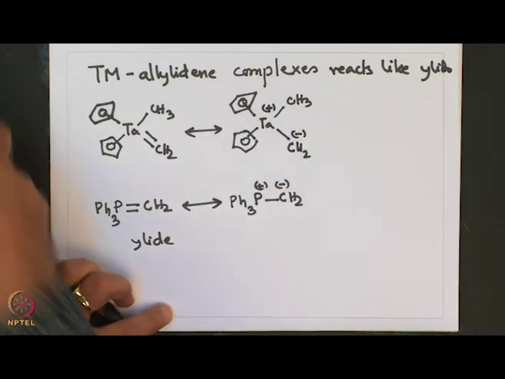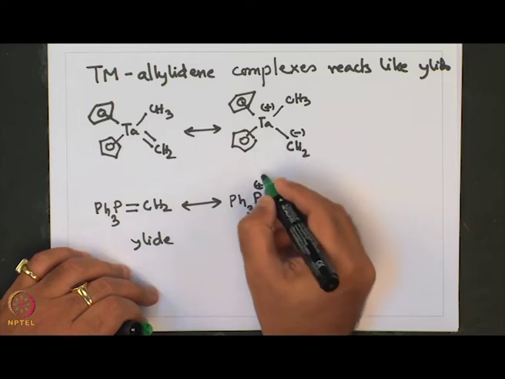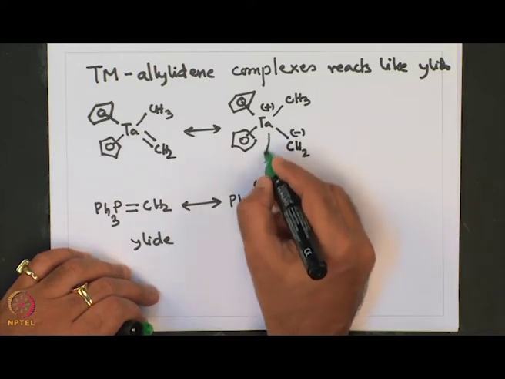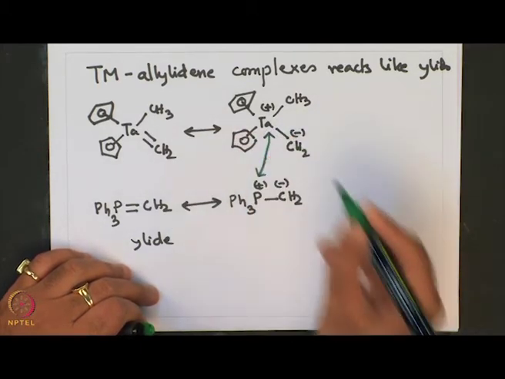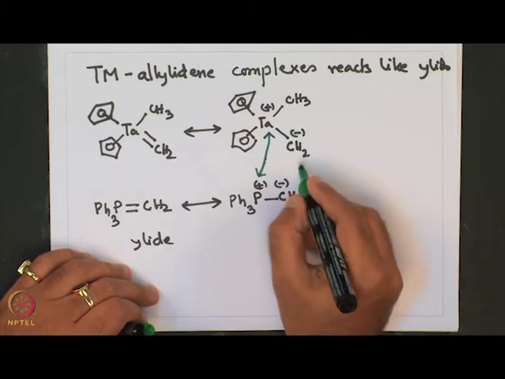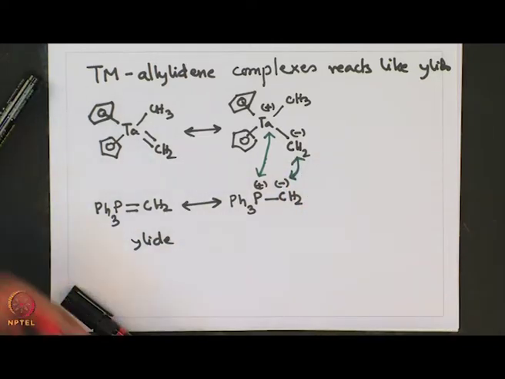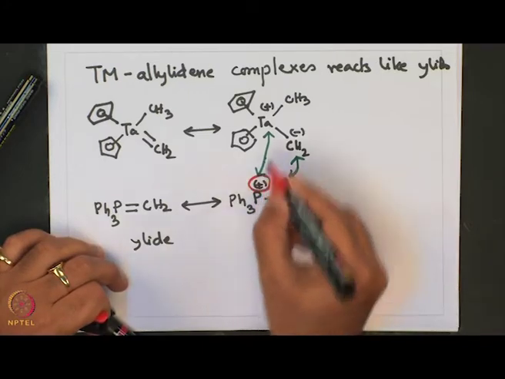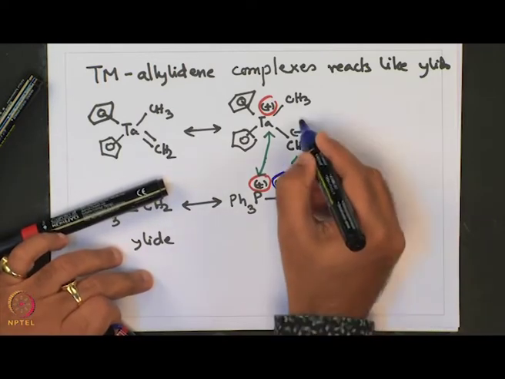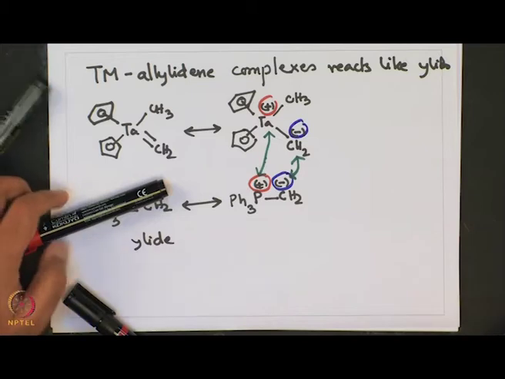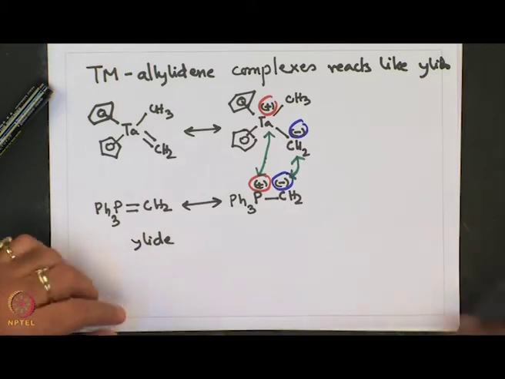So, what one says is that in phosphorus ylide, phosphorus is positively charged, whereas in metal ylide, which is the Schrock carbene, the metal is positively charged and the carbenic moiety is negatively charged in both cases, as is shown here. And because of this canonical structure, they show similar reactivity.